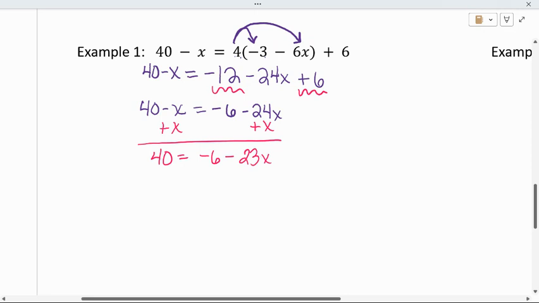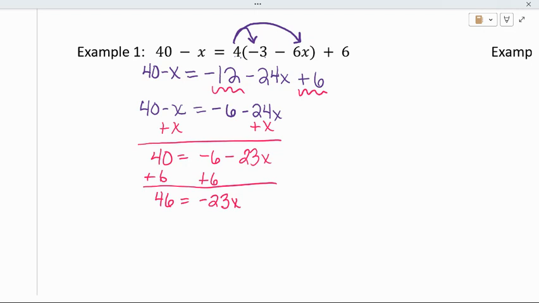Okay. What do you want to do next, Tim? What would you do? Plus 6 to both sides. Good job. Opposite operation. Add 6 to both sides. 46 equals negative 23x. Last step, Ken. Divide by what?